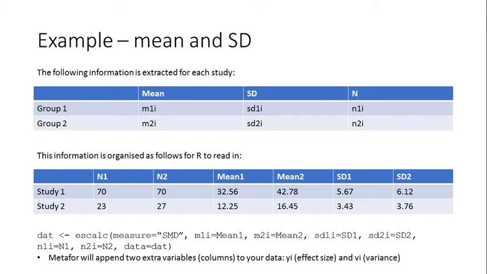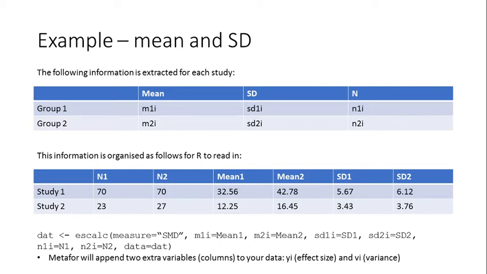And the same thing with the mean and SD, if that's what the study has given you. Again, you can imagine it laid out like this. So say you've got ASD and no ASD, you've got a mean score on something, you've got an SD for that mean, and then you've got the number of participants. You might lay it out like this. So study 1, study 2, you've got the number in group 1, the number in group 2, the mean in group 1, the mean in group 2, the SD in group 1, the SD in group 2.